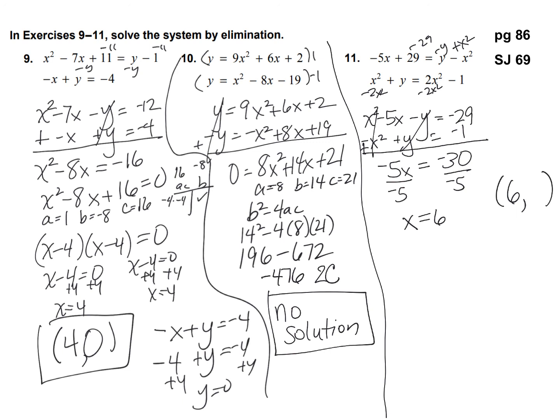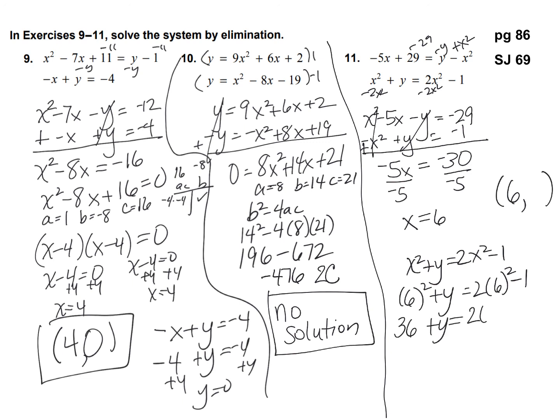To find the y coordinate, I think I'll just use the bottom one. So x squared plus y equals 2x squared minus 1. I'll substitute 6 in. 36 plus y equals 2 times 36 minus 1. 36 plus y equals 72 minus 1. 36 plus y equals 71.